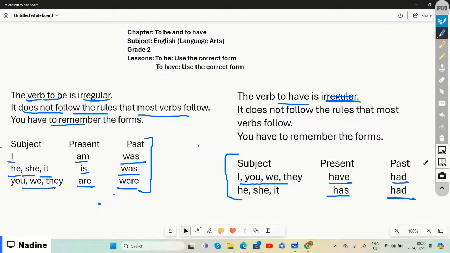All right. And then we also said it is he, she, it is, because now we're referring to either he is, she is talking, it is drinking.